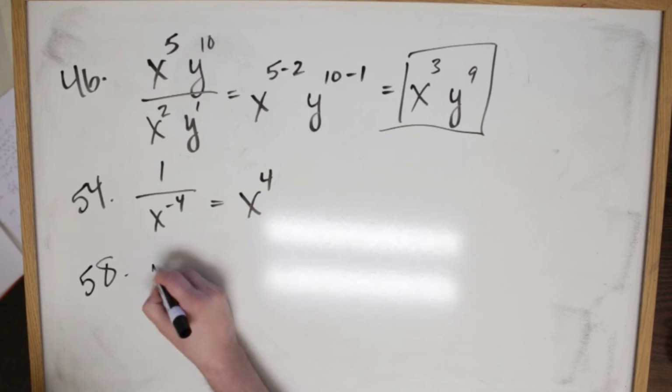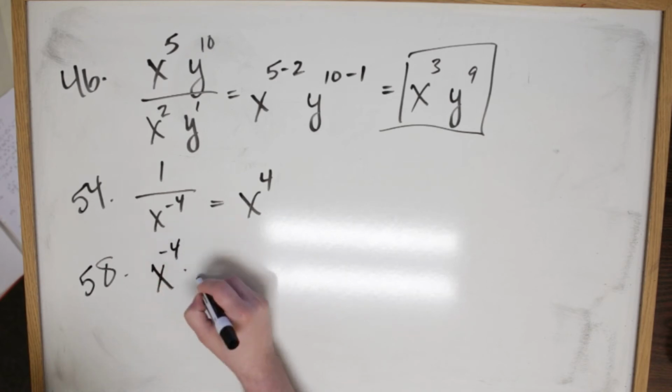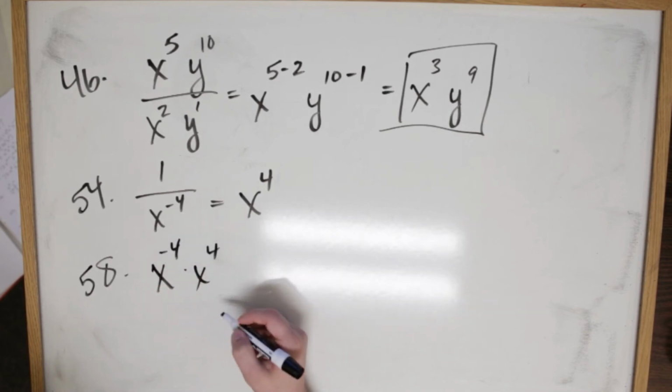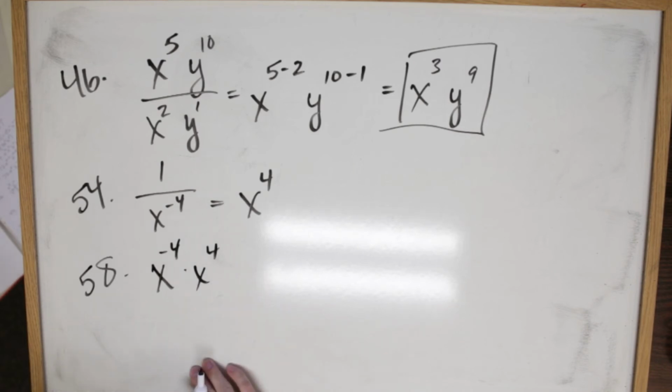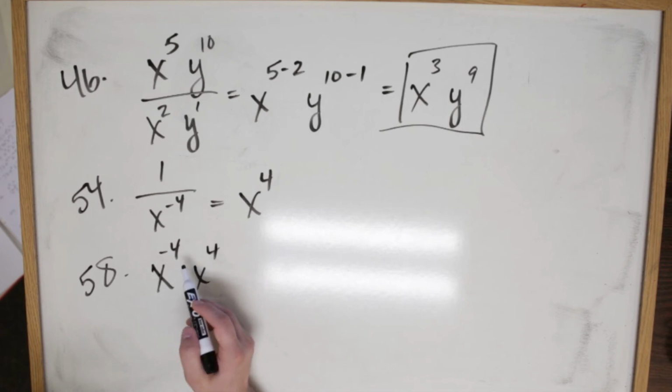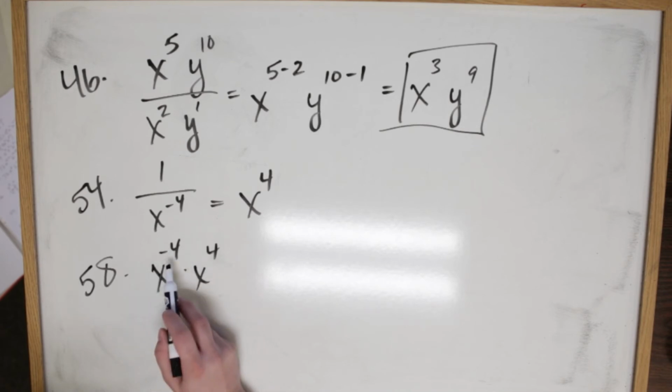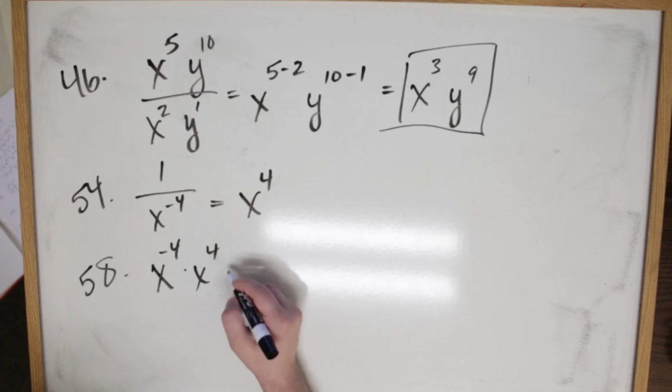58. So now here we've got x to the minus 4 times x to the positive 4, and we need to solve this. Let's just go ahead and do this.